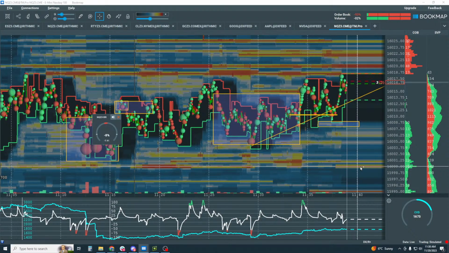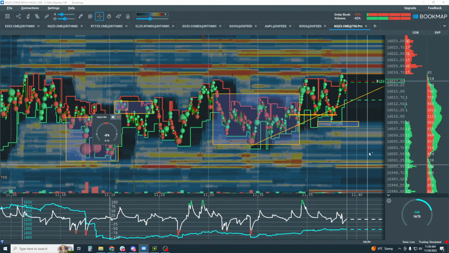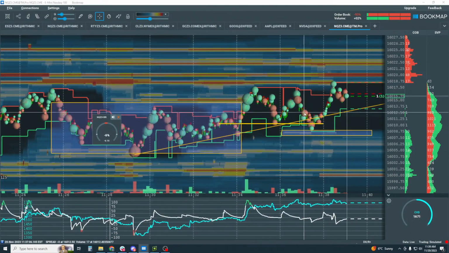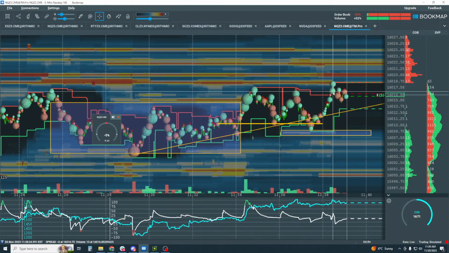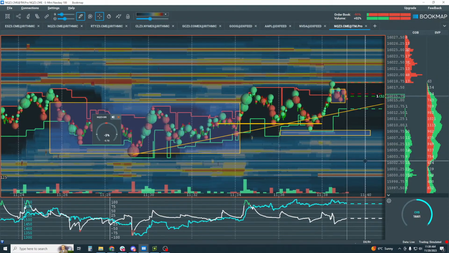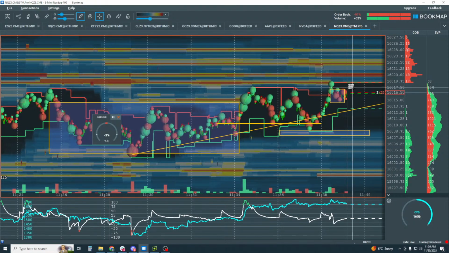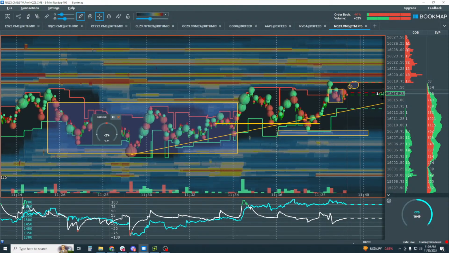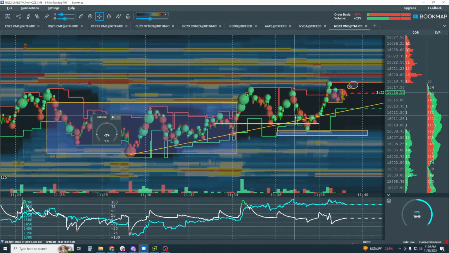We've got the sellers on the run. See, this kind of pulling away really quickly is great. Now here's our trap, if we can get the buyers up here. The big green dot up here, and that's the if.